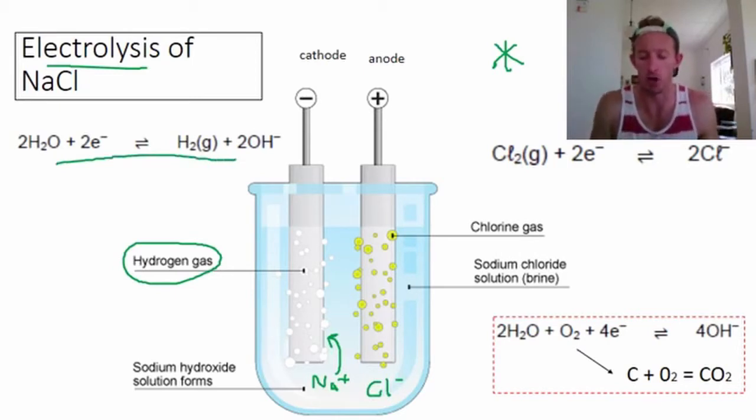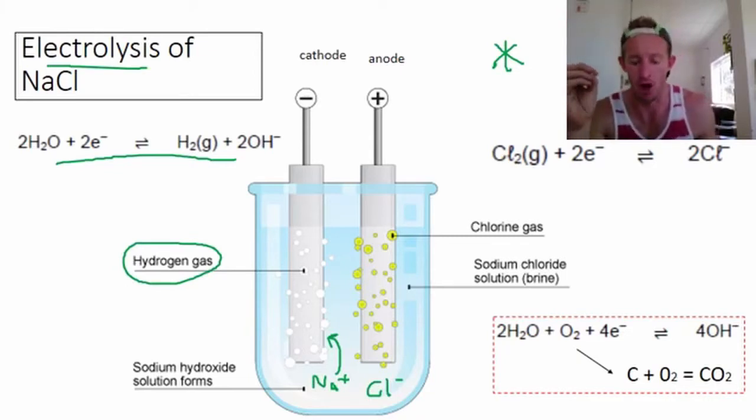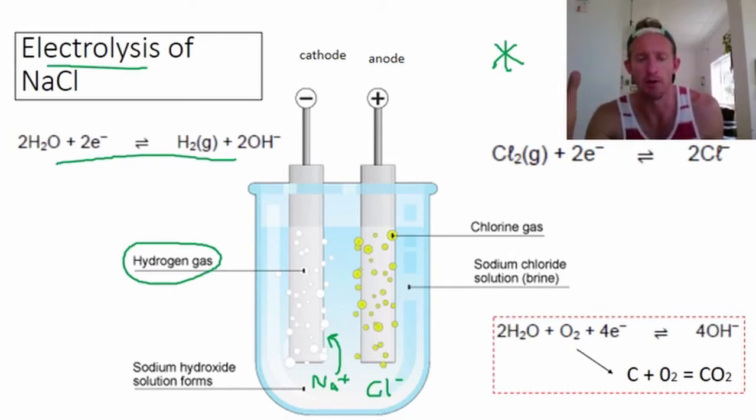And if you look at your standard electrode potential table, you will see that water is below sodium. So the reduction equation for water is below the reduction equation for sodium. So that means that water is a stronger oxidizing agent, therefore it will be reduced rather than sodium.